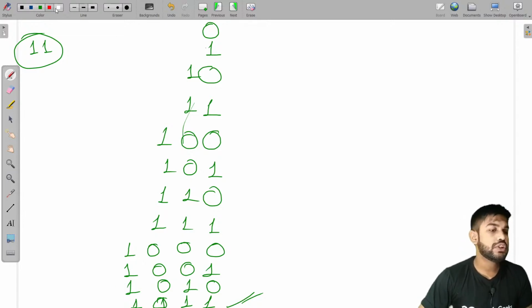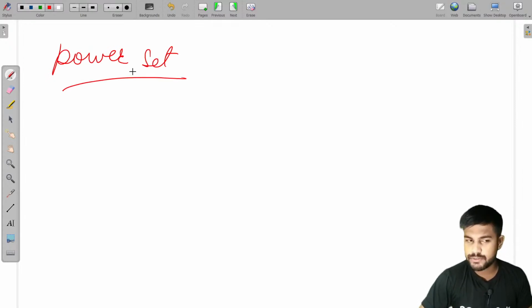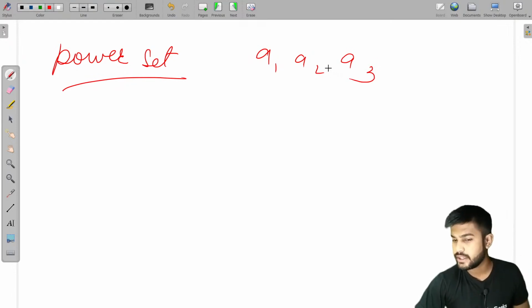Okay, good to go. So now, if you know how to take out the power set of a number, the thing is that if there are three numbers a1, a2 and a3, what are the possible combinations of a1, a2 and a3?